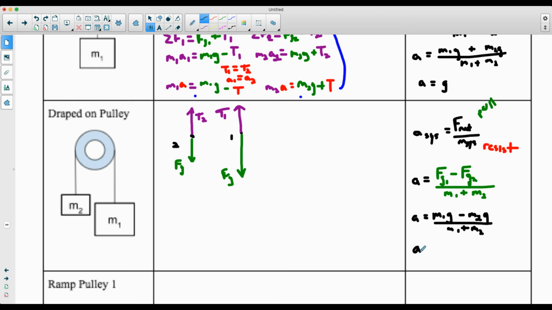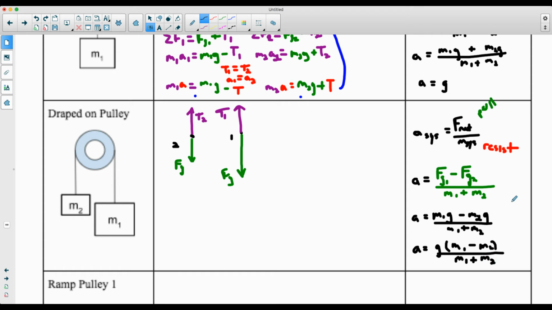When you do this one, you pull out the common factor of G, and it's going to be G times M1 minus M2 over M1 plus M2. I mean, look at that. Isn't that nice?